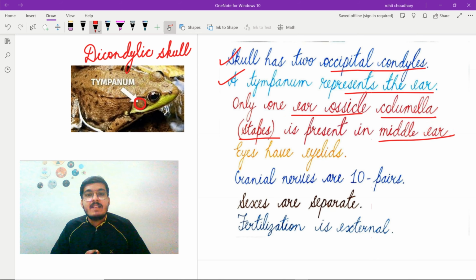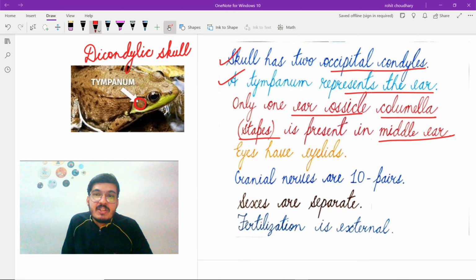And in humans, how many ear ossicles are present? Three, namely malleus, incus and stapes. So the sound vibrations will be passed to the stapes, which further passes the sound vibrations to the fluid filled inner ear. So that's how they will be able to hear the sound.